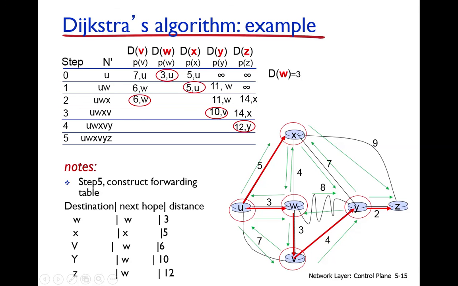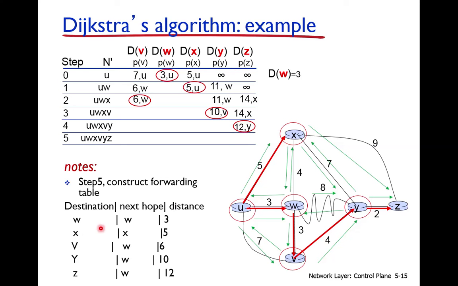Now after computing, the fifth step. What is the fifth step? The fifth and last step of the link state routing protocol is that it computes the forwarding table. This forwarding table comes from this shortest path graph, the red one.